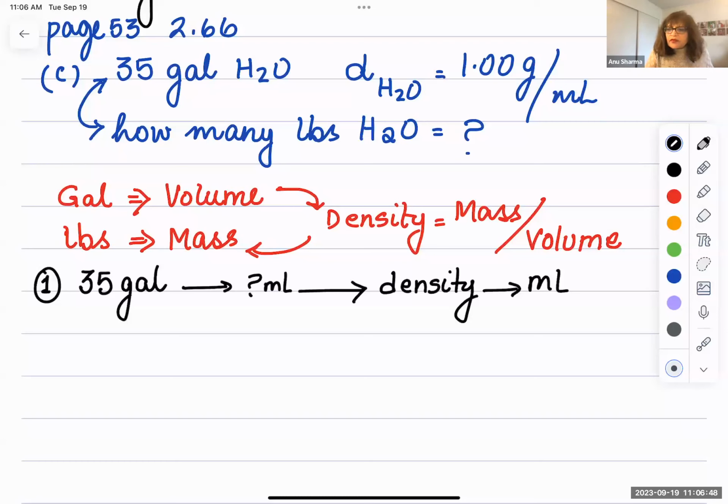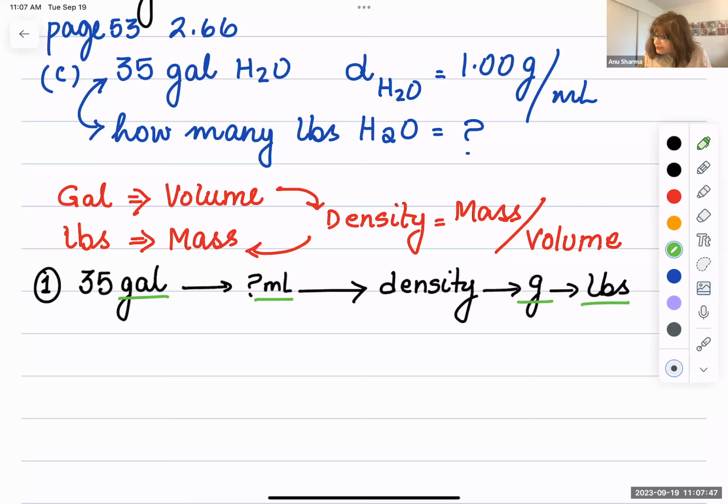So this is what we will do. Gallons, first of all, convert to milliliters. Milliliters, using the density, cancels out. We are left just with grams, and then grams to pounds.